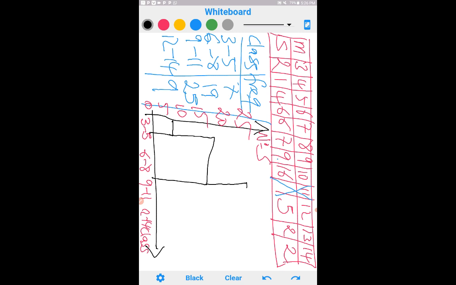Then the last one is 9. 9 is actually somewhere here. Good. So this is how your histogram is supposed to look like, and that is the end of this question.